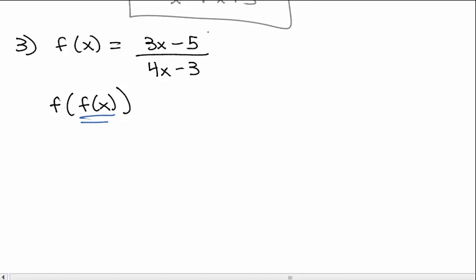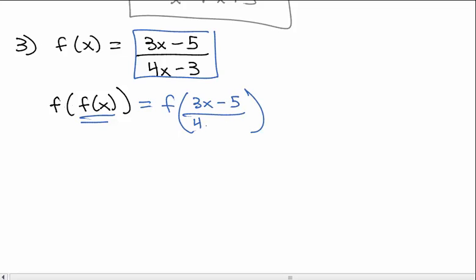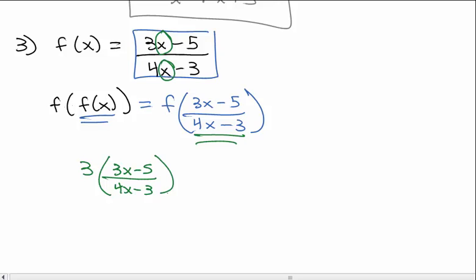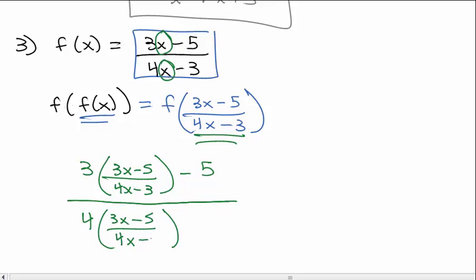In other words, f of x, that's this whole thing here, is going to be inside the function f: 3x minus 5 over 4x minus 3. So that means each of these x's is going to be replaced with this stuff. So we've got 3 times 3x minus 5 over 4x minus 3, minus 5, all over 4 times 3x minus 5 over 4x minus 3, minus 3.